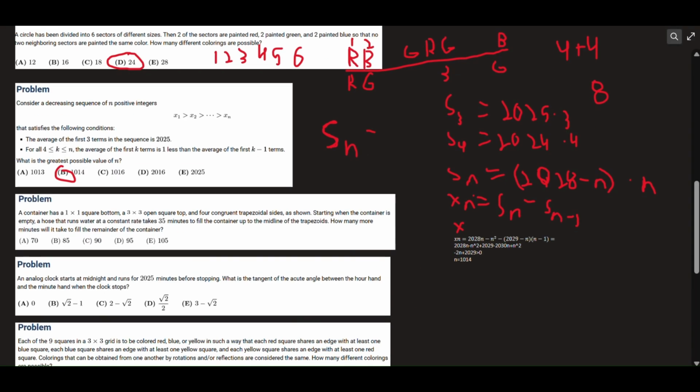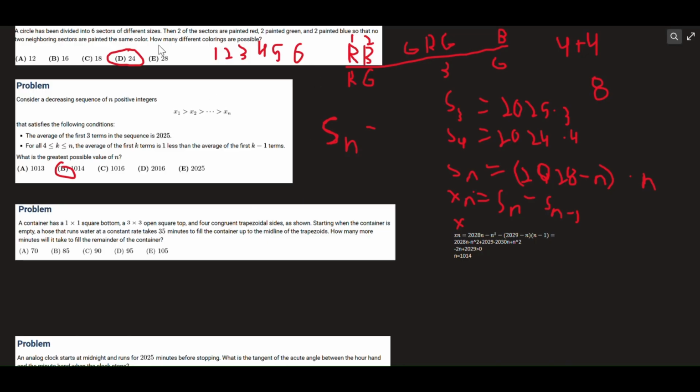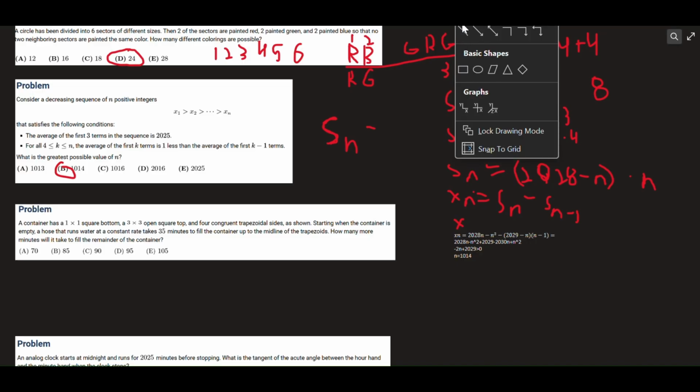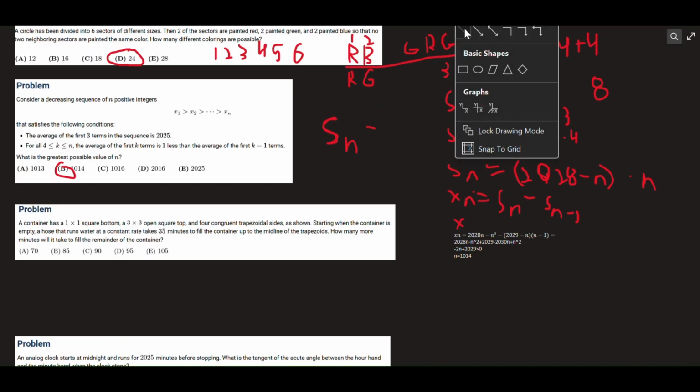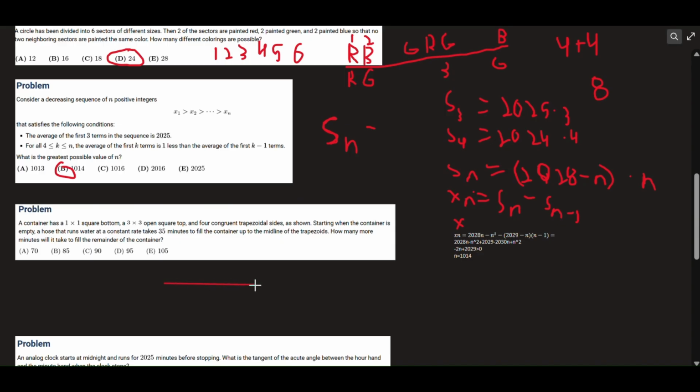using the diagram they give, we can first draw the trapezoids.